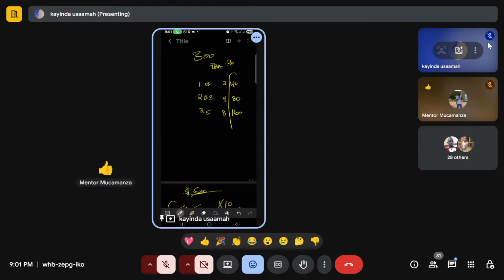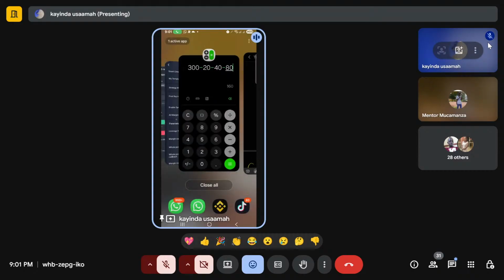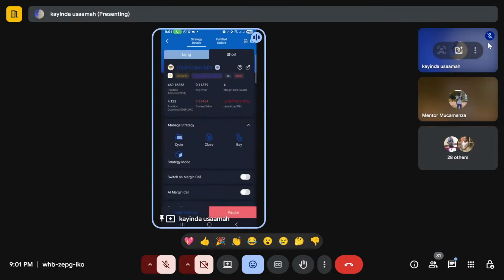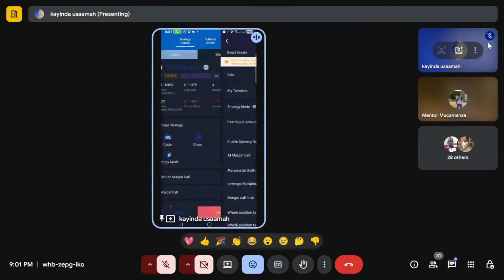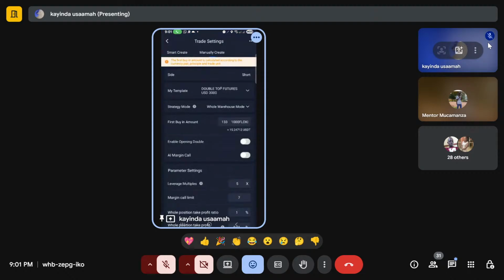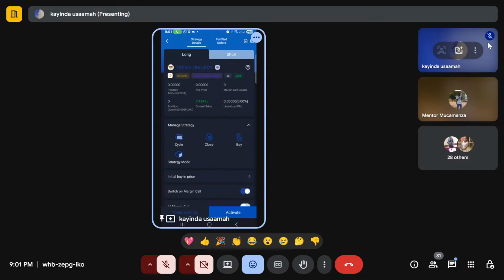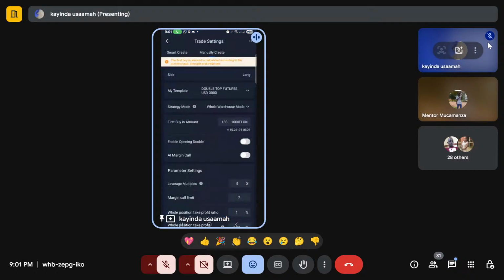Now, have you seen how we get first buying amount? But when you are coming to trade any coin on Royal Q, just assume we are trading this 1,000 Floki. You come on trade settings, manually create.